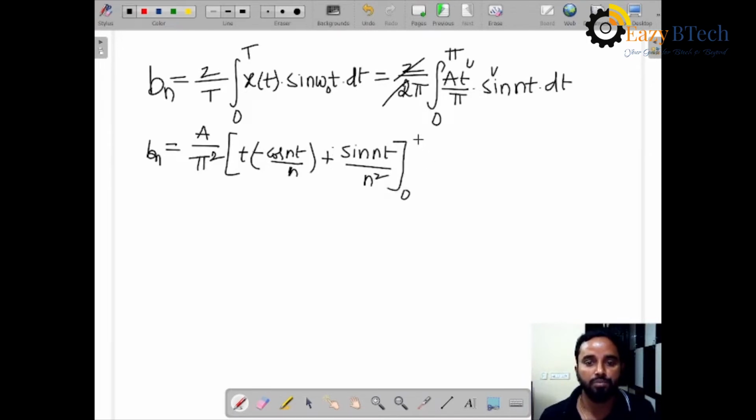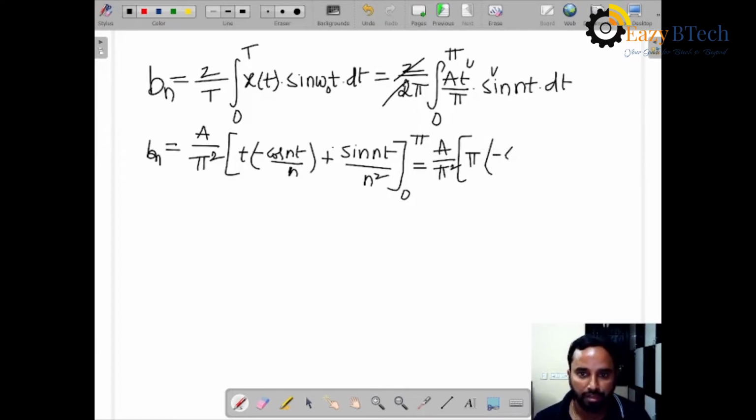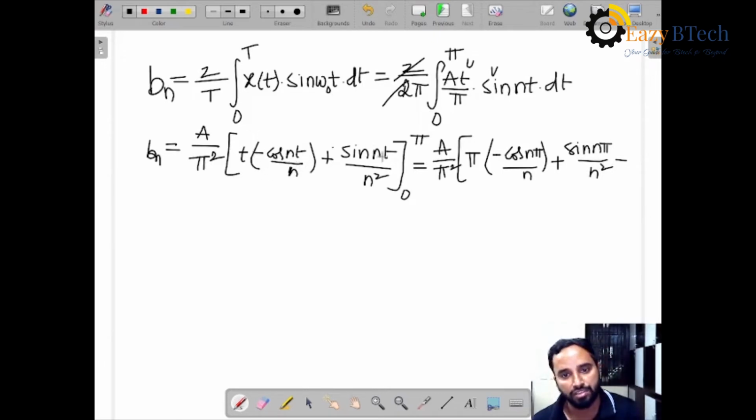The limits are 0 to pi. Substitute the upper and lower limits. For the upper limit pi: a by pi square, pi times minus cos n pi divided by n plus sin n pi divided by n square. Minus the lower limit, which is 0: 0 into cos 0 is 0, and sin 0 is also 0, so the lower limit value is 0. Okay, let's do this simplification.